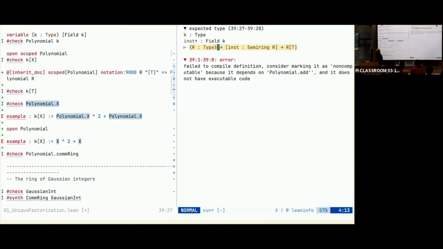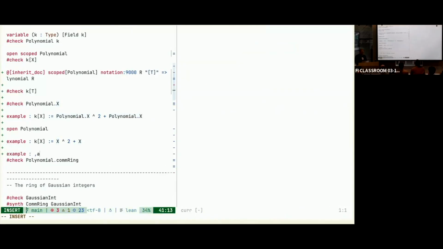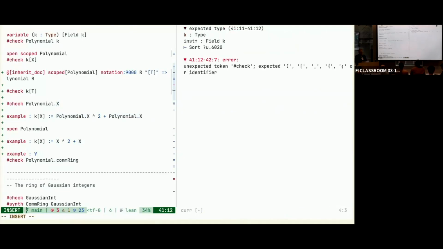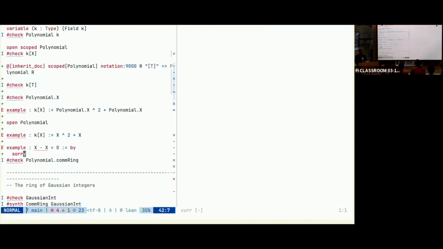For example, let's try x minus x is 0, and you see what happens.